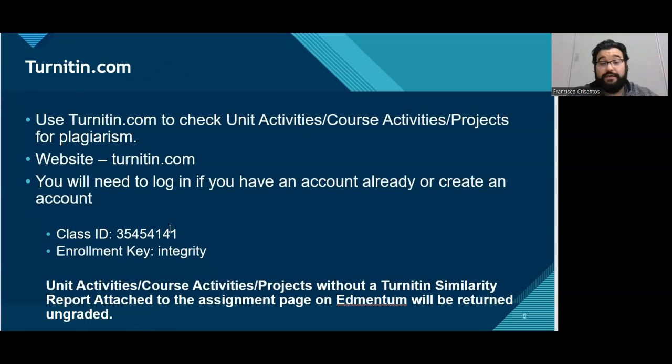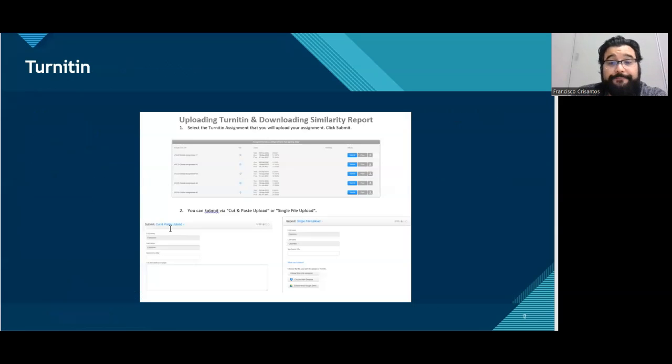You can find the Roman key, class ID and the Roman key there. Okay, and if you submit an assignment such as unit activities, course activities, or projects without a Turnitin similarity report, then that assignment may be returned back to you ungraded until you attach an assignment. Okay. So please make sure to attach a Turnitin assignment, okay?